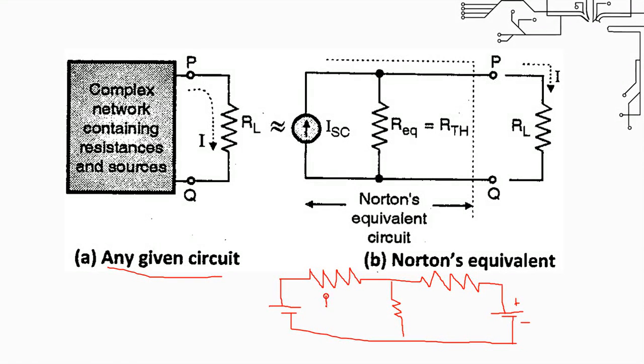These resistances have the values R1, R2 and R3. We have to solve this circuit using Norton's theorem.